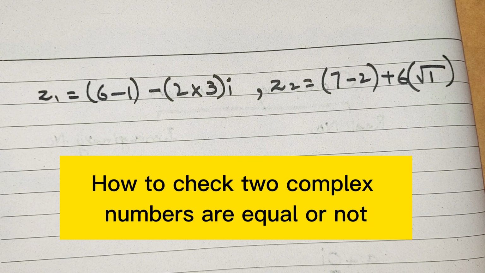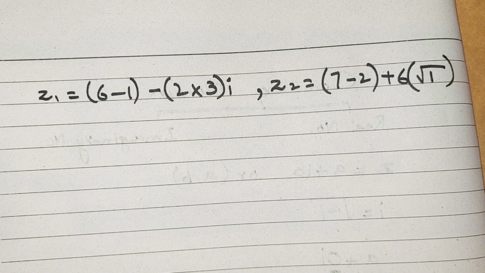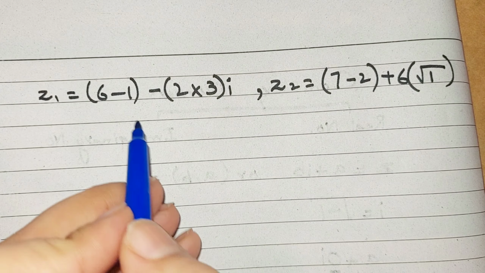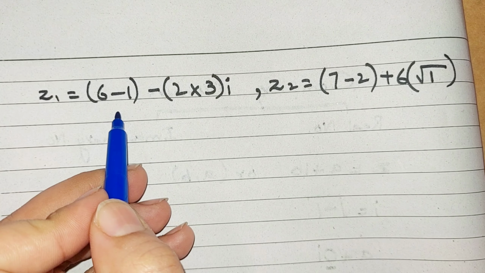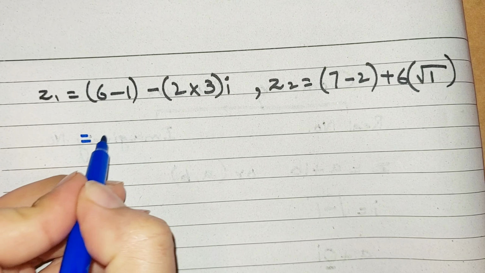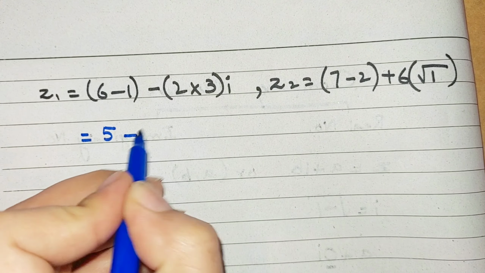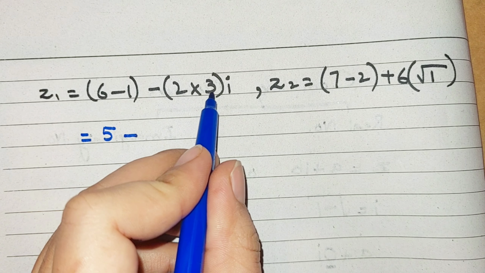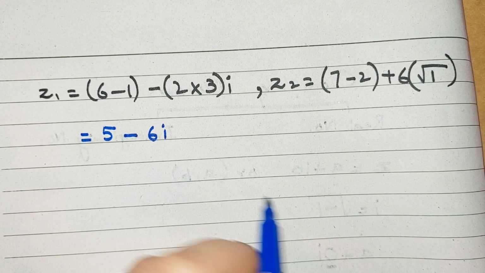When we have two different complex numbers, how do we find whether they are equal or not? Let's solve this one by one. When we solve Z1, this is the real part and this is the imaginary part, so this will be subtracted and it will be 5 minus 6 iota.